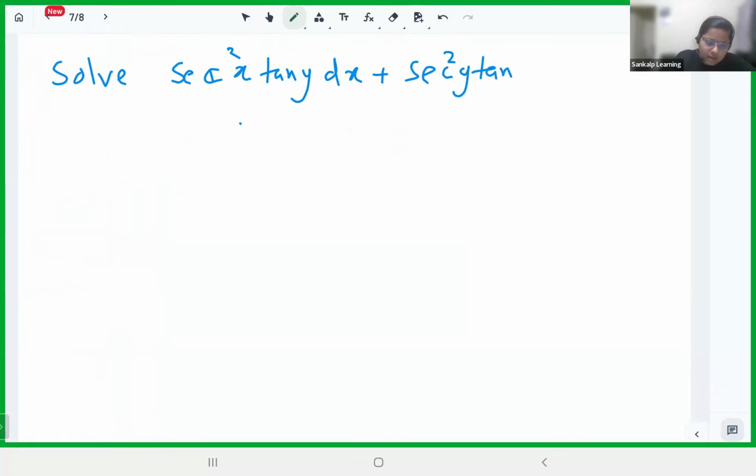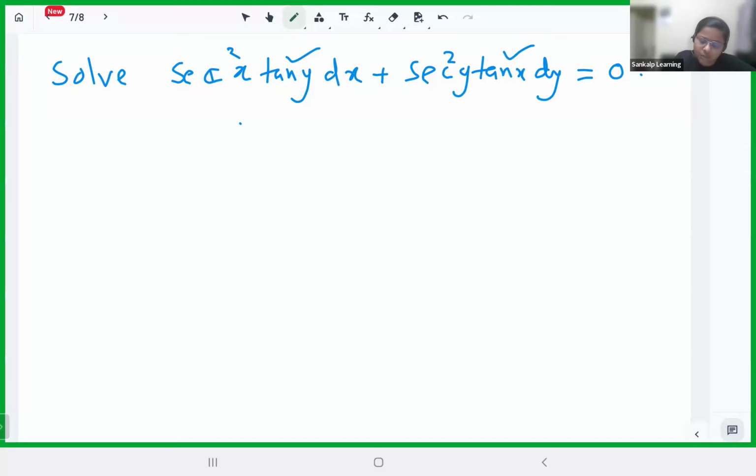Okay. Solve sec square x tan y dx plus sec square y tan x dy equal to 0. You have to solve this equation. How will you do it? Here you can see that in both the terms there is tan y and tan x.